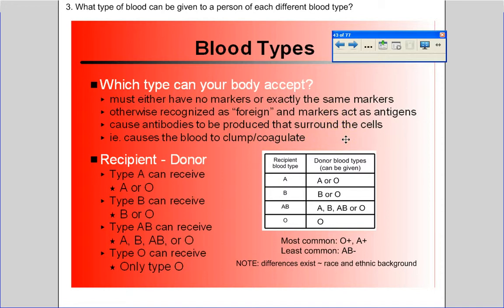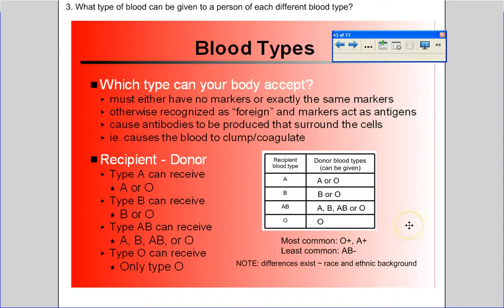It will surround the cells, and it causes your blood to clump and coagulate in terms of if it's a blood type. Okay, so the danger is if your blood does that, then your blood cells can crack and let out toxins that can kill you.